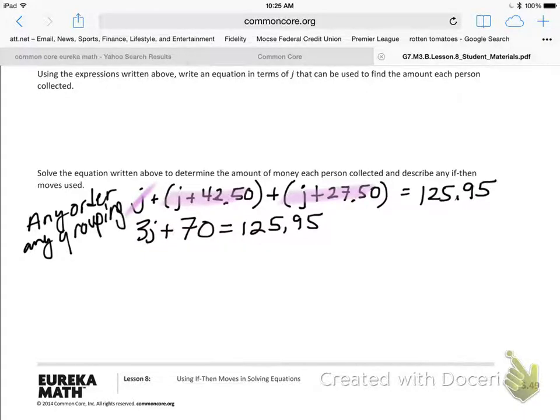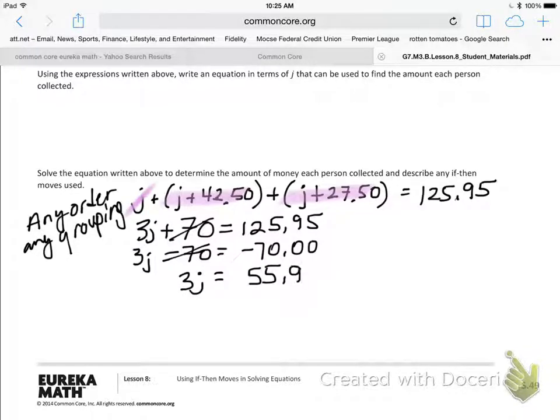All right. So next we can go ahead and do the if-then move, subtracting 70 from both sides. This is an if-then move, subtracting. So we have 3J minus 70 equals 125.95 minus 70. And then 3J equals 55.95.